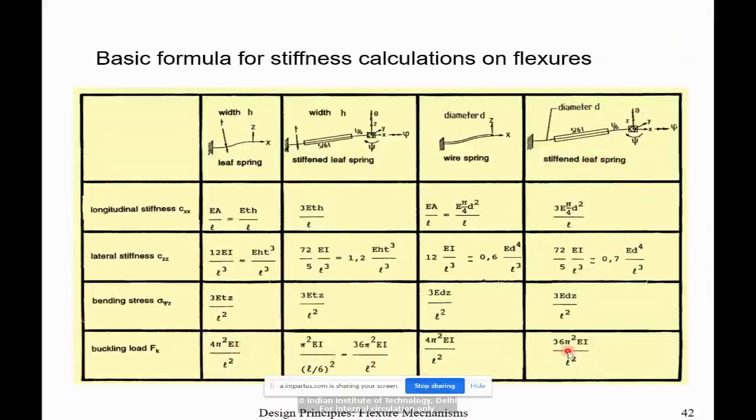So again, you see 9 times bending stresses, right? So it's the same, but again, I think lateral stiffness has increased a little bit, right? And same, you see the longitudinal stiffness has increased, so it's in constraint direction. So if required, that chart will be given to you and you can use it.